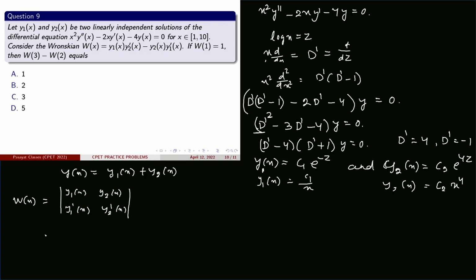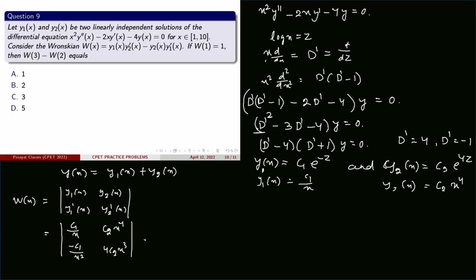And on substituting the value y1 of x and y2 of x from this, we get the value as this one is c1 by x, and this one is c2 x to the power 4, and the differentiation of this one gives minus of c1 divided by x square, and this one is 4 c2 x cube, and this determinant.